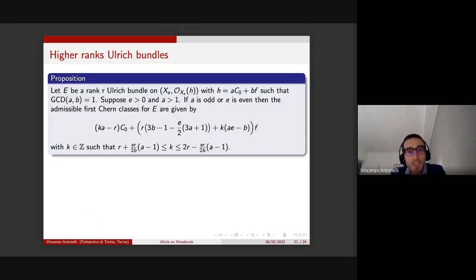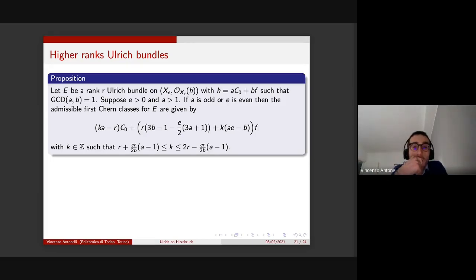Now, in the last part of the talk, I would like to focus on the higher rank cases. Here, the main problem is to determine which are the admissible Ulrich pairs. This is the first problem.